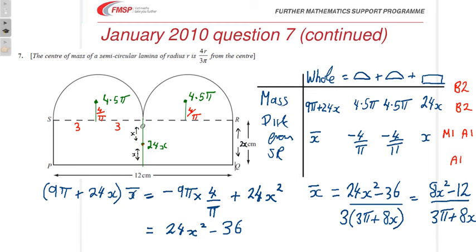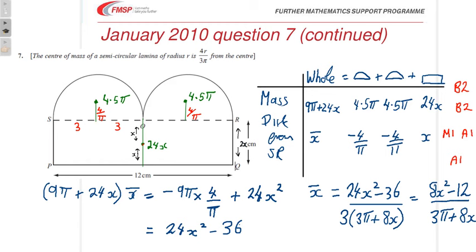The distances, what I'm going to put in the table is the distances of the centre of mass of each of these three from the dotted line SR. So for the 24x, it's a distance x below it, and for the two semicircles, using the result near the top of the screen, this result here, the distance of the centre of mass of a semicircular lamina, 4r over 3 pi from the centre of the lamina, which would be there.